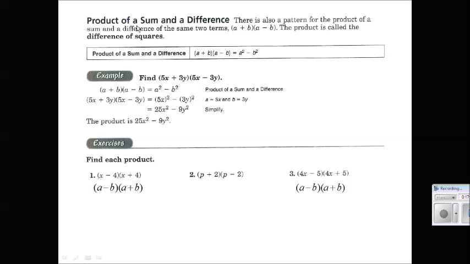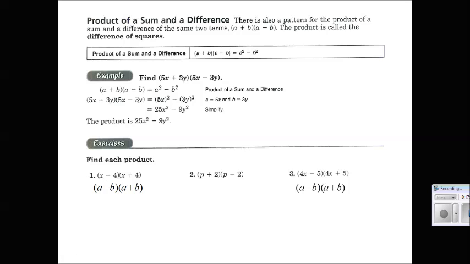This is the product of a sum and difference page. I took number 1 and I just put the rule underneath it. If it's x minus 4, x plus 4, that follows the a minus b, a plus b rule. So you should go straight to the answer. This is a sum and a difference. So what's the a? It's x.